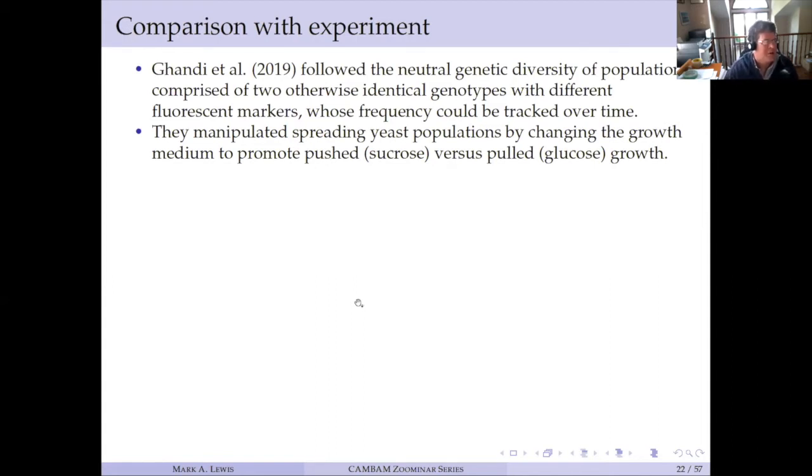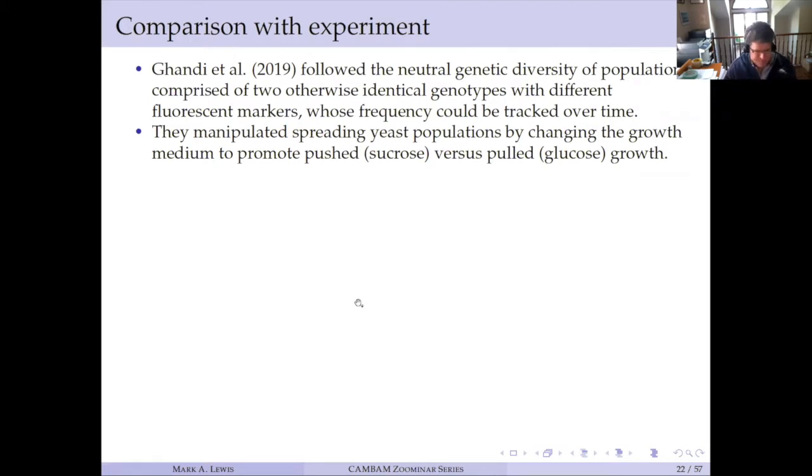And so it's a fluorescent marker, and so it could be tracked over time. And so they could run these experiments for pushed and pulled waves, and then they could manipulate the substrate by going from glucose to sucrose, so pulled to pushed, and then they could see how the genetic diversity of the leading edge of the wave would change.